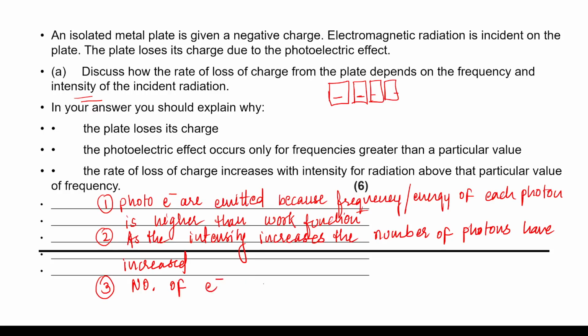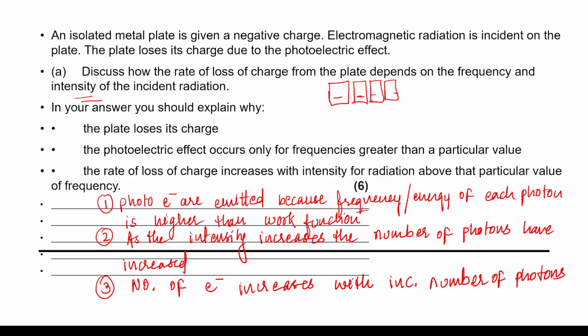I'm writing some short forms, just bear with me, I don't want to bore you with the writing speed. When the photons have increased, the number of electrons increases and the rate of loss of charge increases.